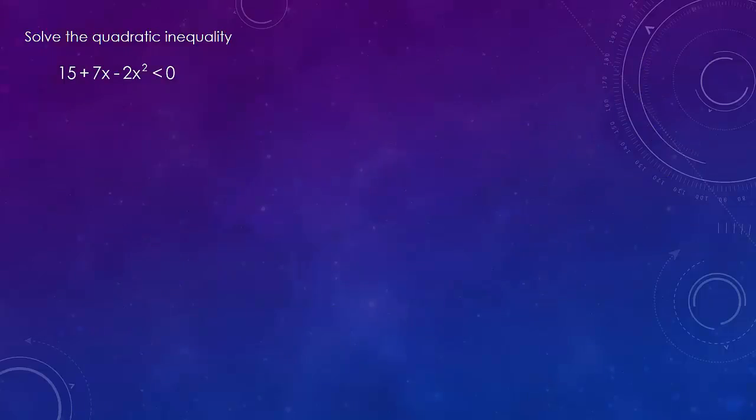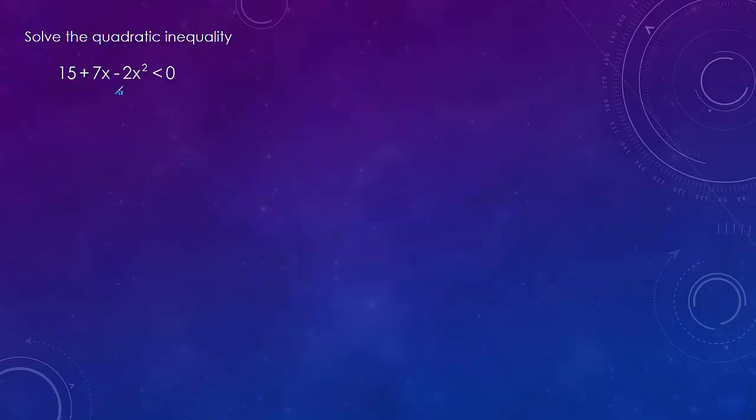Solve the quadratic inequality 15 plus 7x minus 2x squared is less than 0. Now, what I might do with this one is just take everything to the other side, because I like dealing with my quadratics with a positive coefficient for x squared.